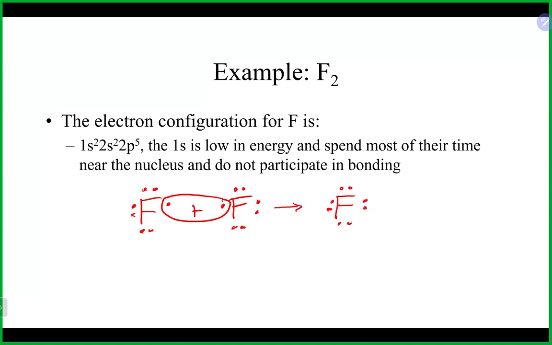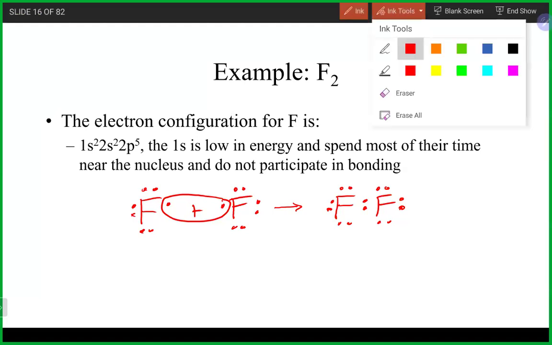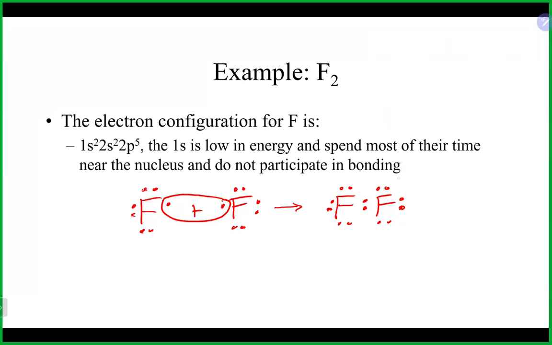So we will get a pair of electrons between the 2, which are going to be shared. And by sharing those electrons, those 2 will count for the F on the right, and those 2 will count for the F on the left.